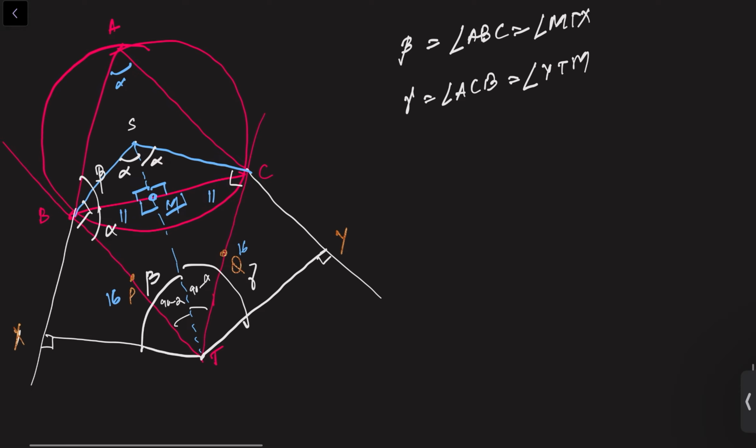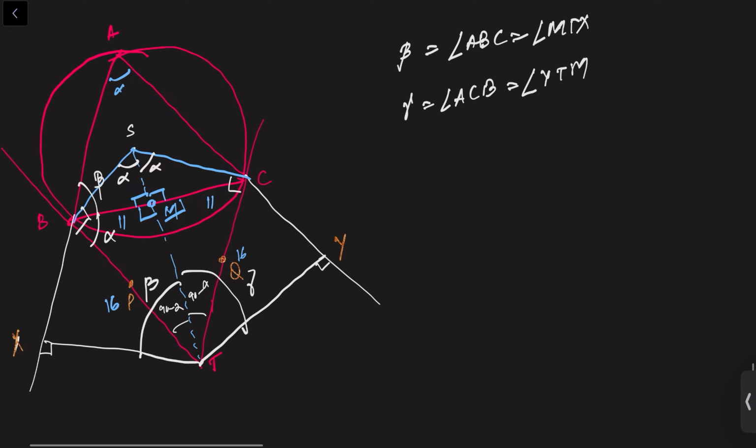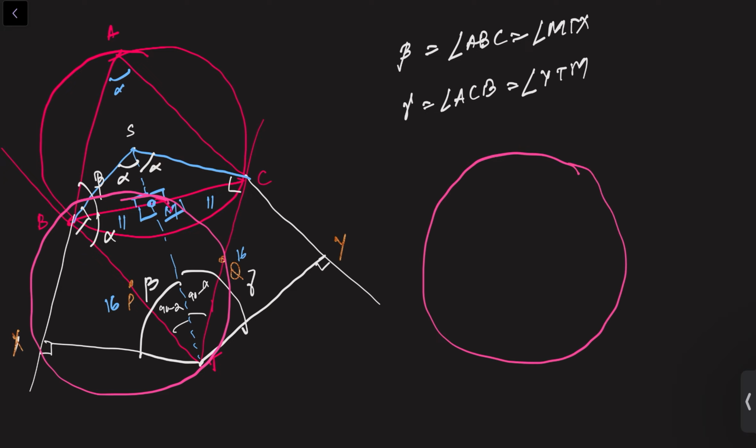So if I just consider this particular circle BXTM, we have angles in the following manner. We have B here and X here, M here and T here.